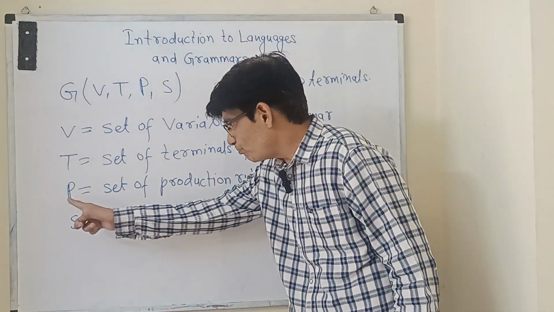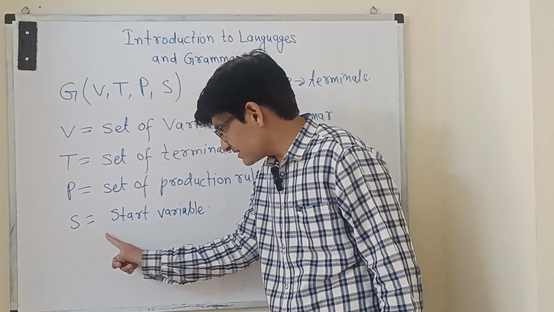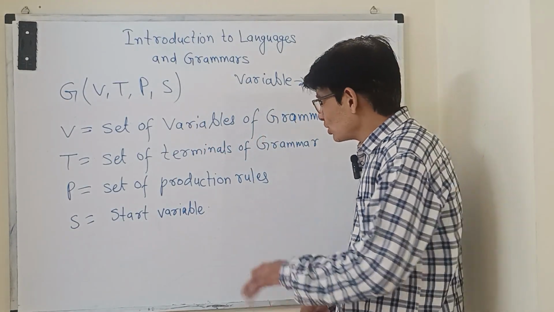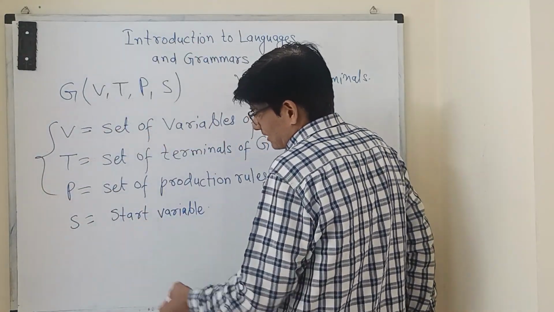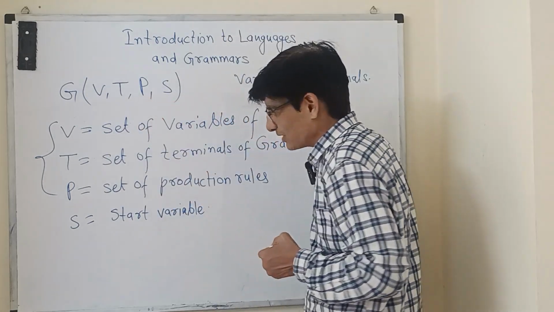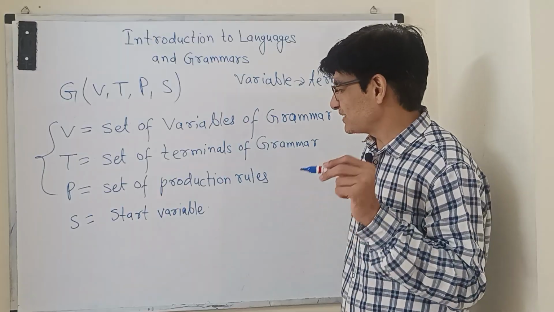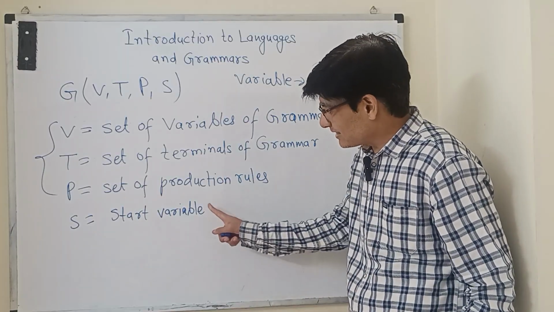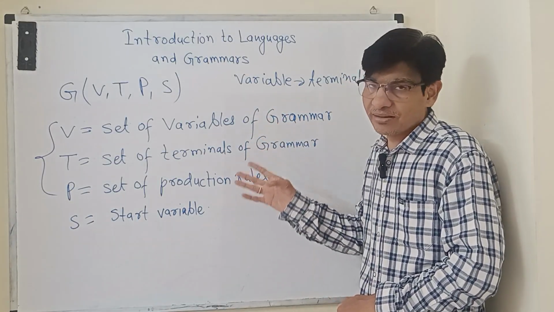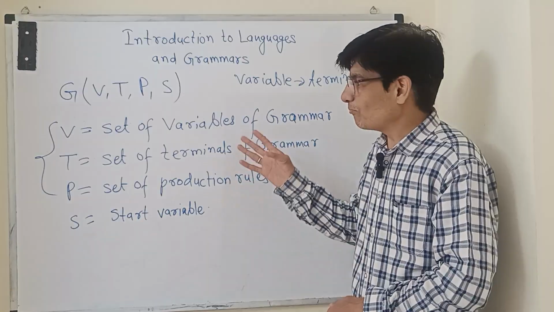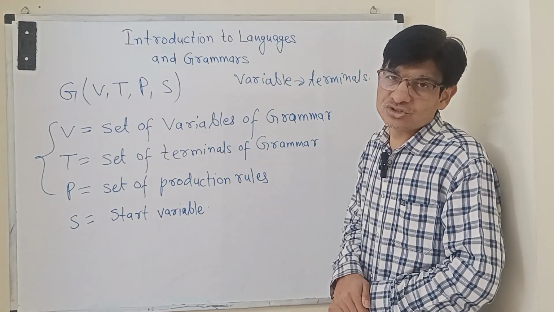Then P, the set of production rules, and S is the start variable of the grammar. These three are sets, but the last tuple, the start variable, we generally represent with S. This is how we define grammar mathematically, and from these grammars we can create so many languages.